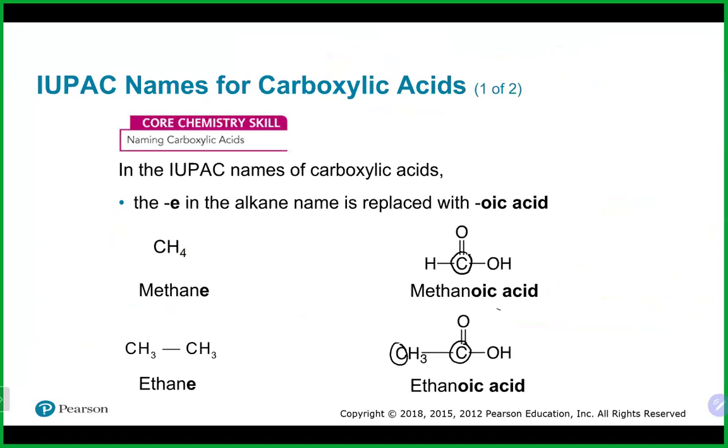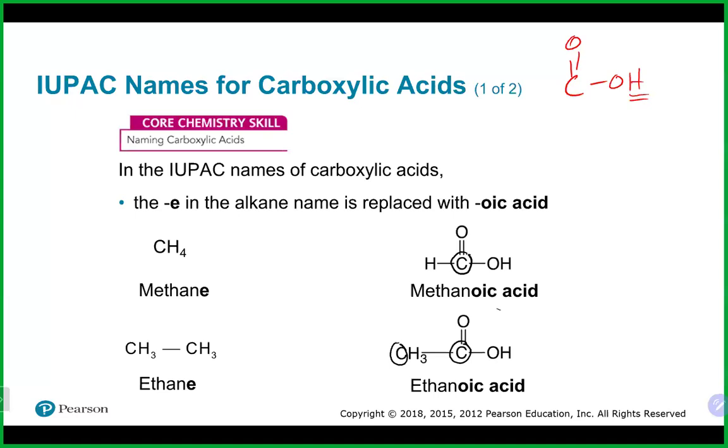It has to contain this group. And because this group, much like the aldehyde, has that hydrogen at the end, this group should always be at the end as well. So you can never have this group in the middle because that hydrogen will have too many bonds. So much like the aldehyde, that group should always be at one end of the molecule or the other. It'll never be anywhere else.